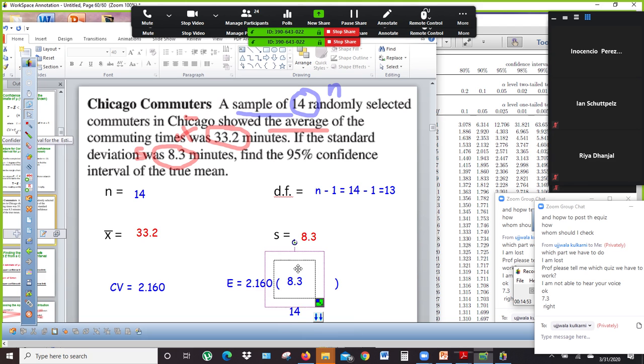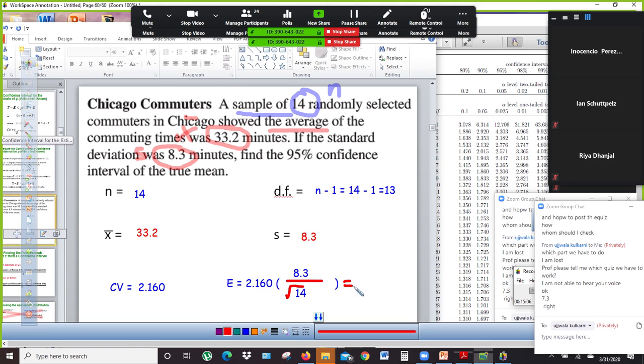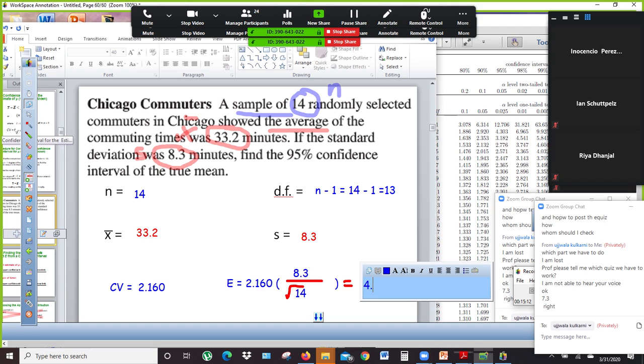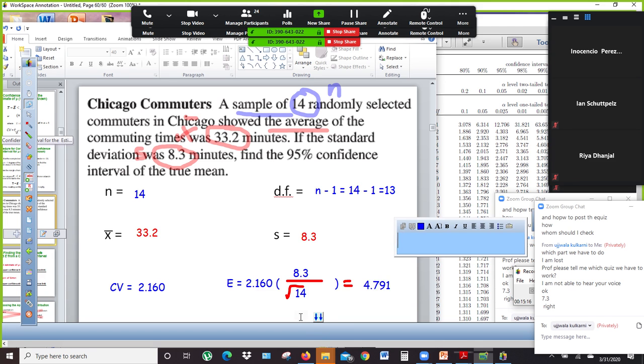So much easier when I can actually write on this. This is kind of super annoying. So what did you guys get for E? Anybody? 4.791. Yep. Great.